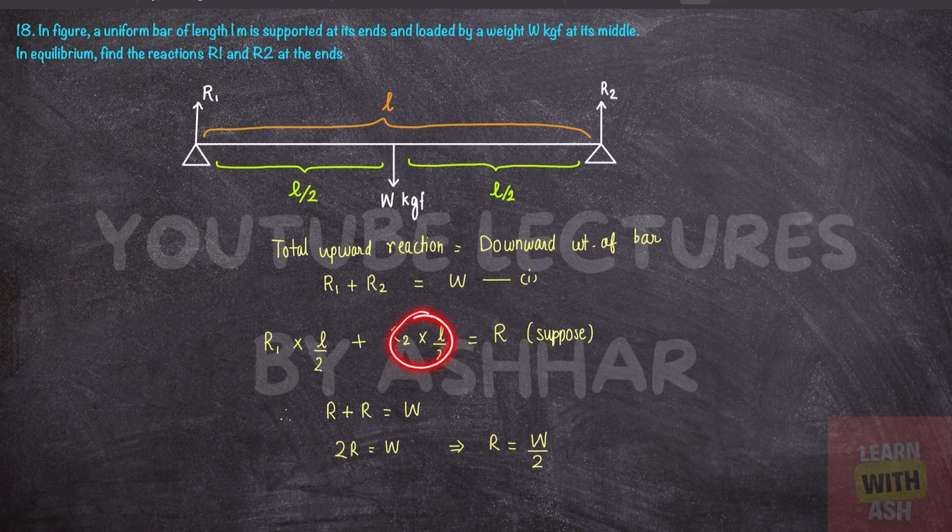On adding both of them I was getting R and I was supposing that. So these two are playing the role of this single part. That means these two must be equal to each other. So now therefore R1 will be W upon 2 kgf and R2 will be W upon 2 kgf.